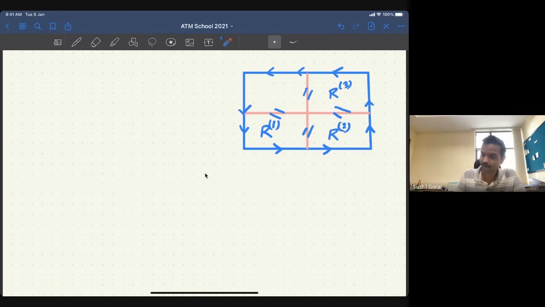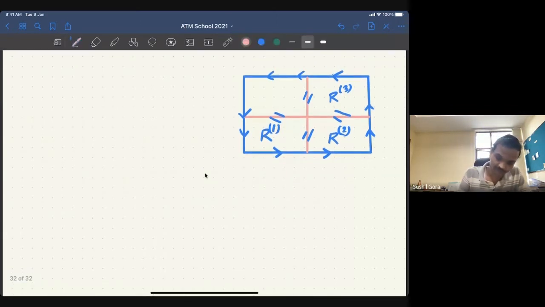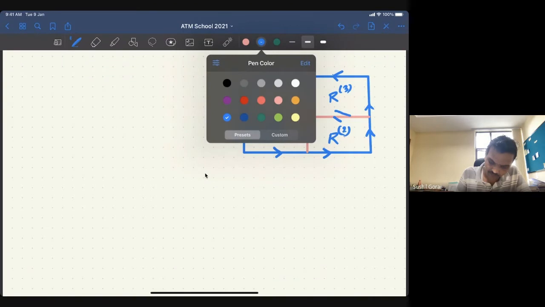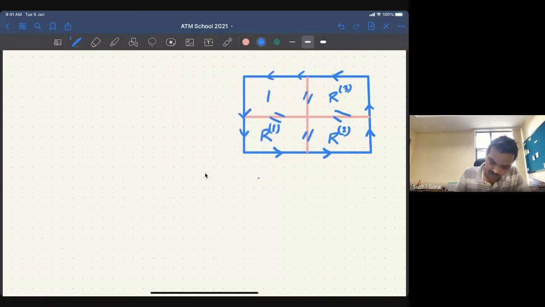Yeah? All right. This one, call this R4. So the first step is to divide this one and note the following.